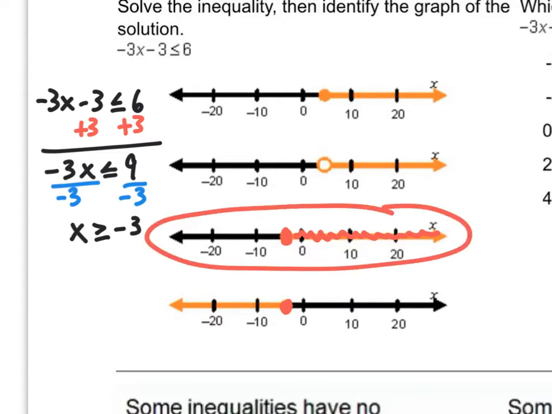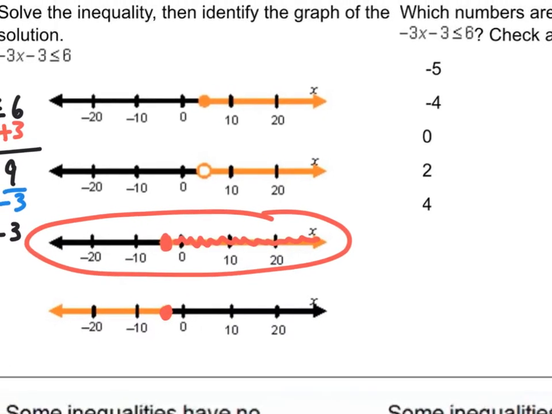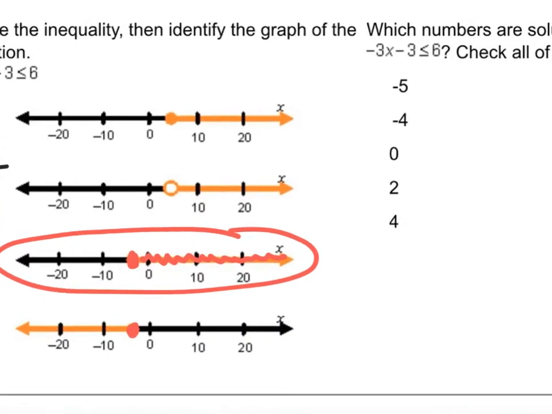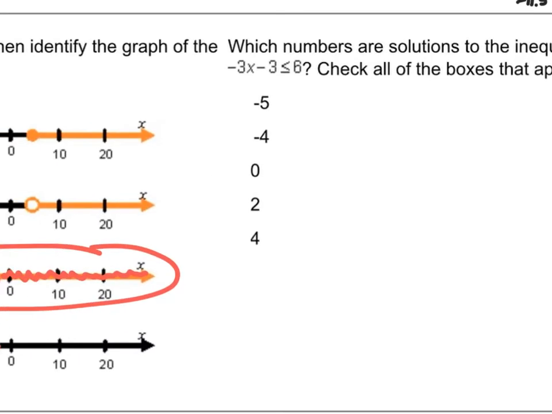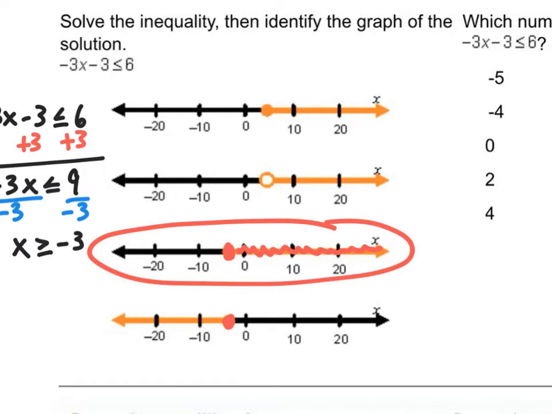Any value that will make this true is anything that's larger than or equal to negative 3. So the question is, which of these numbers make this true? Is negative 5 larger than negative 3? No. What about negative 4?